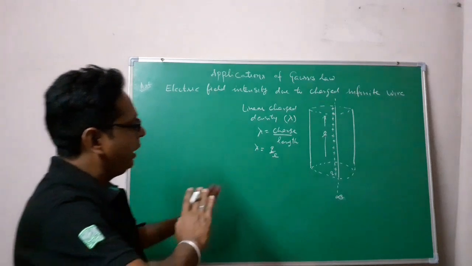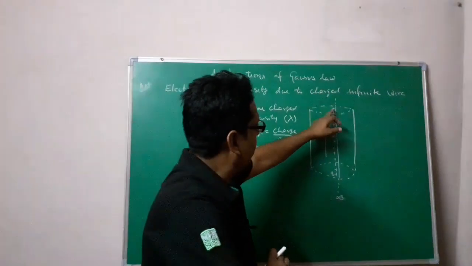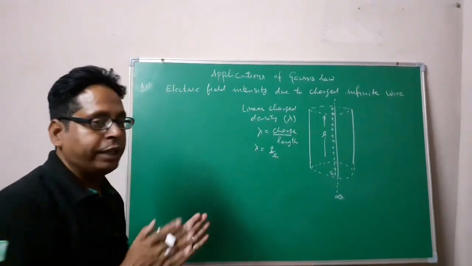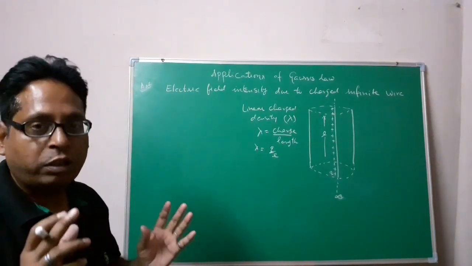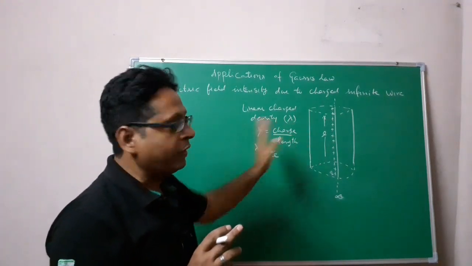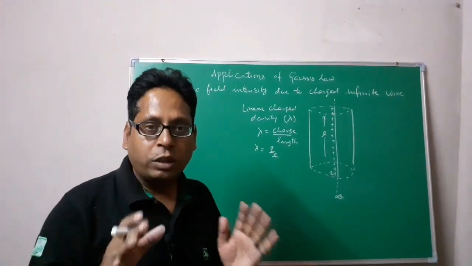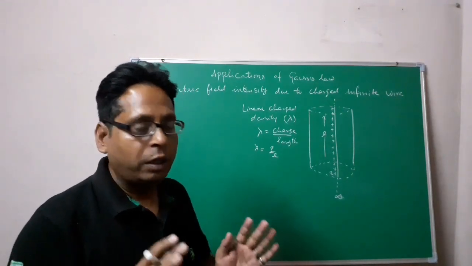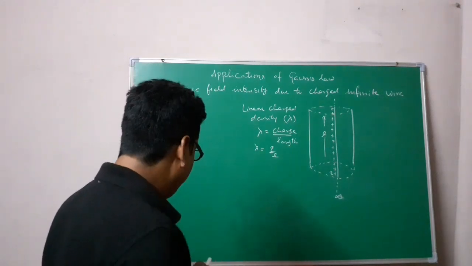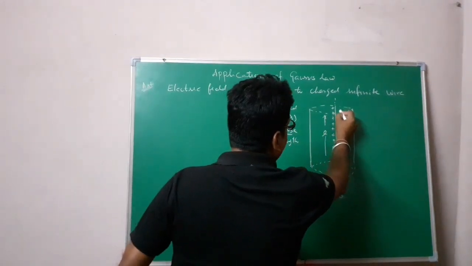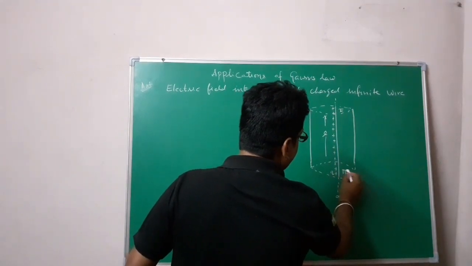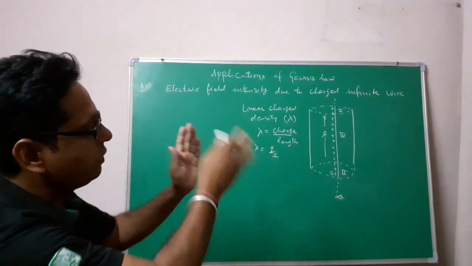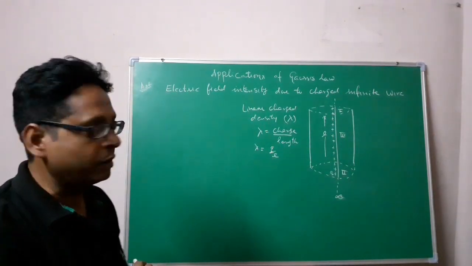So here you just see they are having three different regions, 1, 2 and 3, where we can take a small portion, a small surface in three different regions, and on those small surfaces we have three types of flux. So let us take, this will be the first region, and this is the second region, and this is our third region. The whole diagram is converted into three different regions, right?